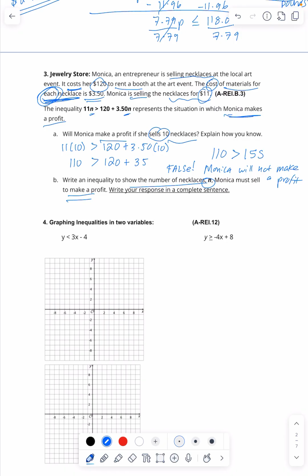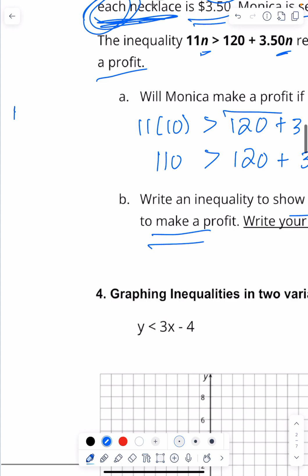But now, I actually don't have much room, but I'm going to do it over here. We could actually use the inequality again. 11n is greater than 120 plus 3.50n. So minus 3.50n from both sides.